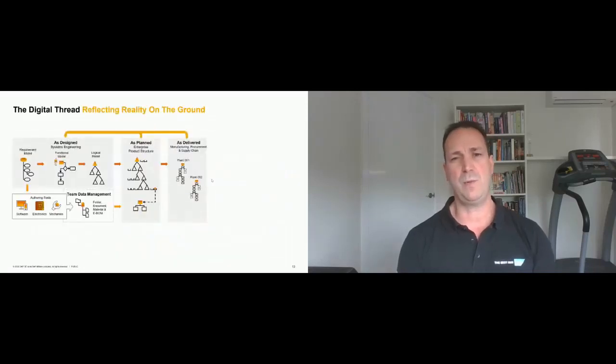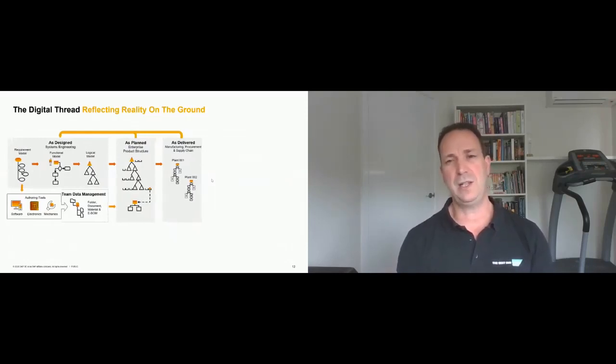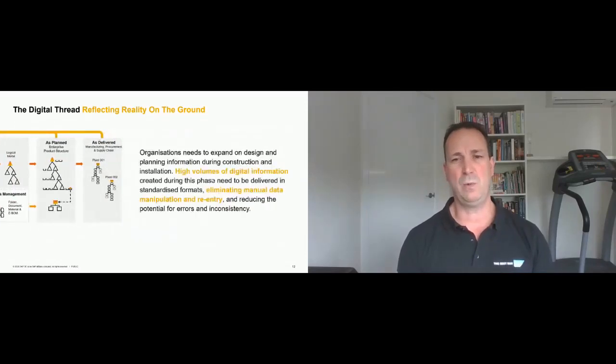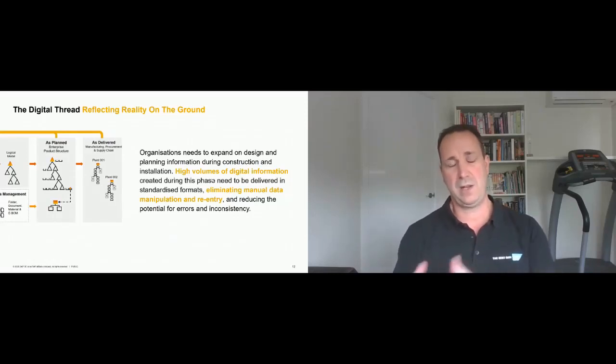So then, when we move beyond the construction phase into the actual delivery and handover into operations, we need to be able to take the design and the planning information and actually now capture all of the construction information for that handover. So now I'm getting to the point where I may actually be creating asset master records and all the asset structure that goes with it.